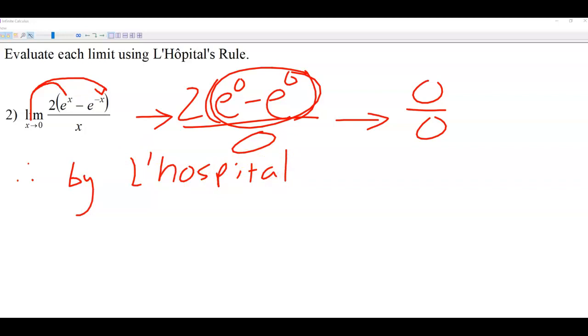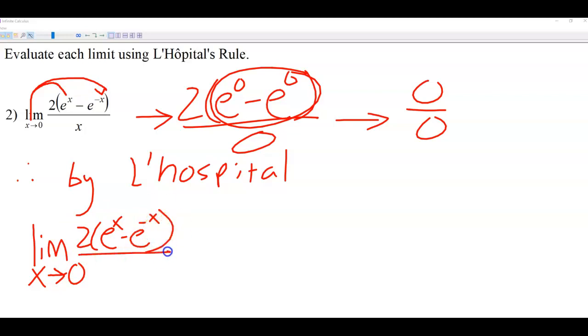we have the following. We're going to go ahead and take the derivative of this whole thing here. So I guess I'll just write the original one first. Okay, so how do we take the derivative of this? Well, the 2 is going to act like a constant, so it's just going to stay there.